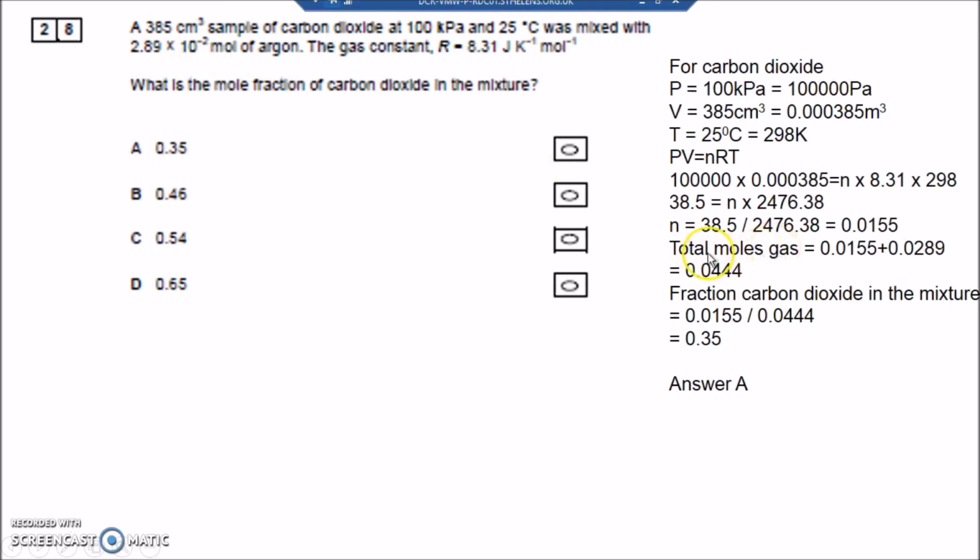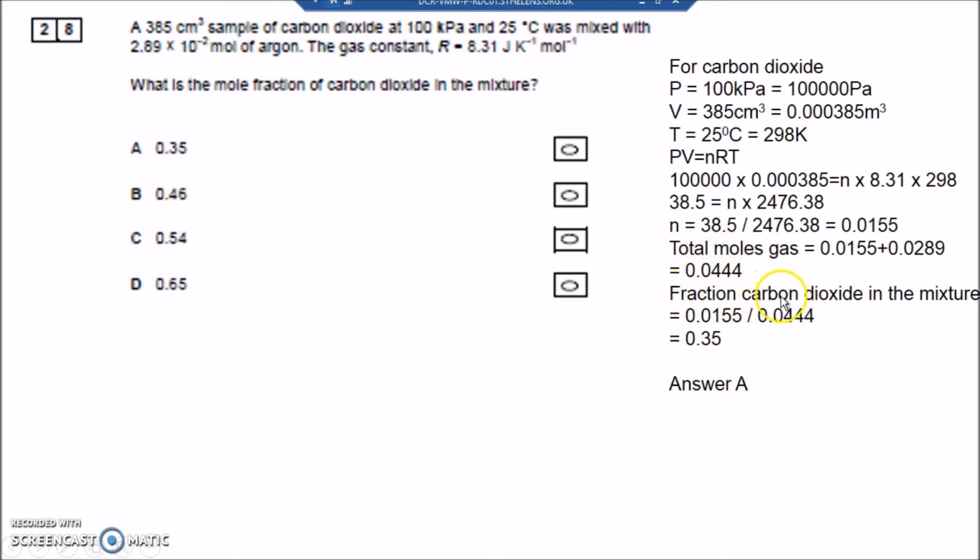The total moles of gas, all the moles of gas together, including the 2.89 times 10 to the minus 2 moles of argon, I add together. So I add the number of moles of carbon dioxide and the number of moles of argon, which is 0.0444. That's the total number of moles of gas.